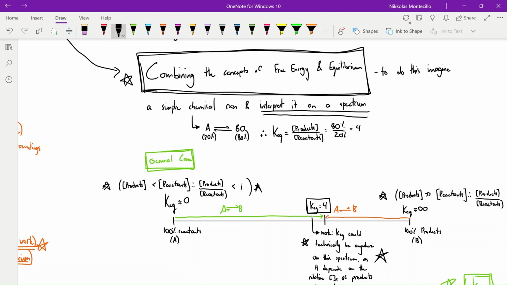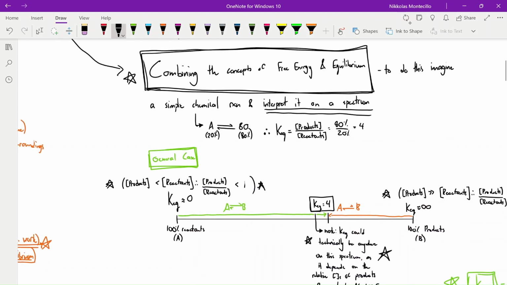The relative concentrations of the products and the reactants will shift to establish this ideal ratio of 4.